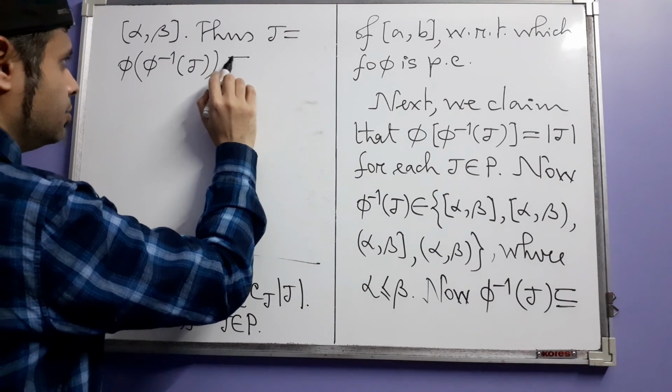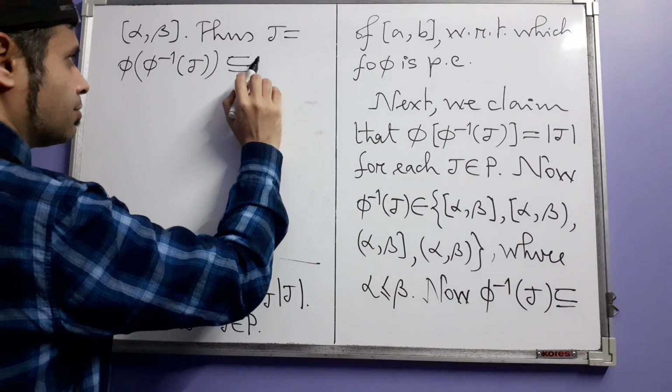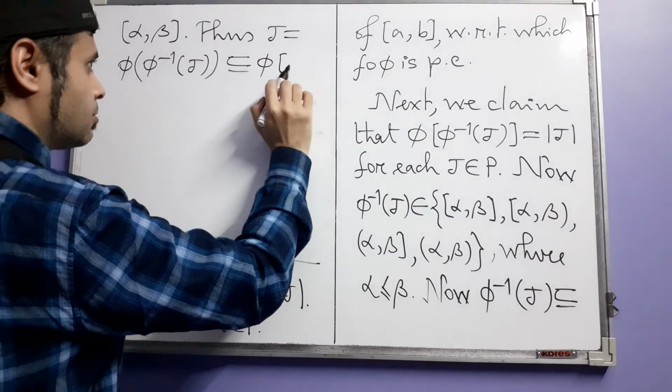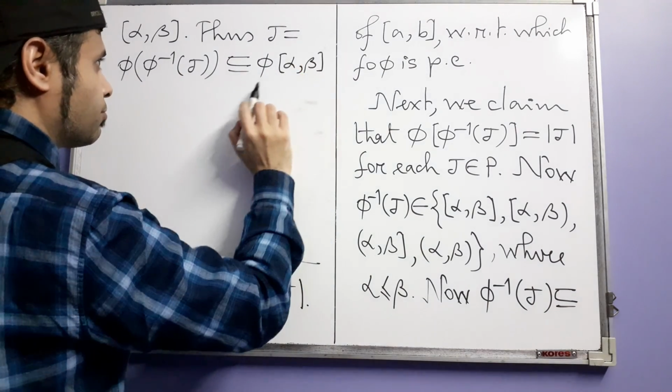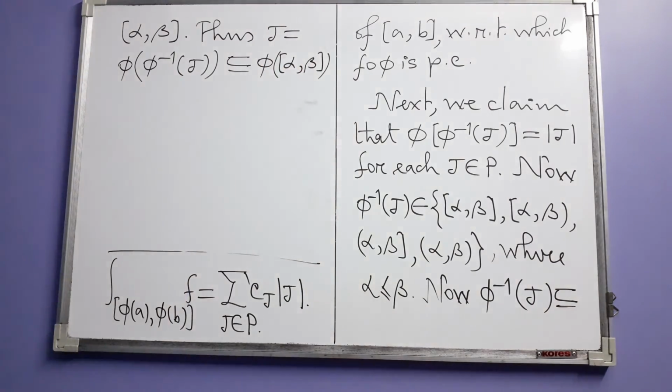So this will be a subset of the phi image of alpha comma beta. And the phi image of alpha comma beta itself will be phi alpha comma phi beta.